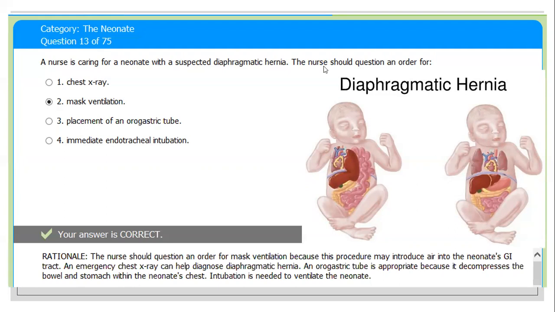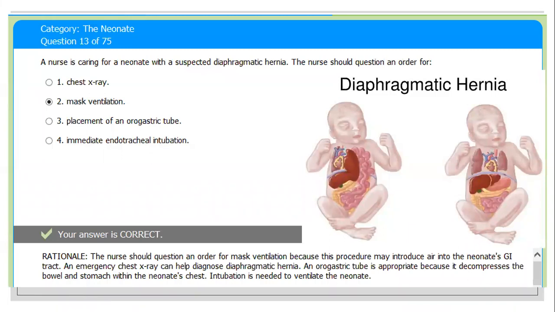You can see this is the diaphragm, normal picture, but here the diaphragm has an abnormal opening, so the organs from the abdomen get into the thorax. The diaphragm is the muscle between the chest and abdomen that helps our respiration.